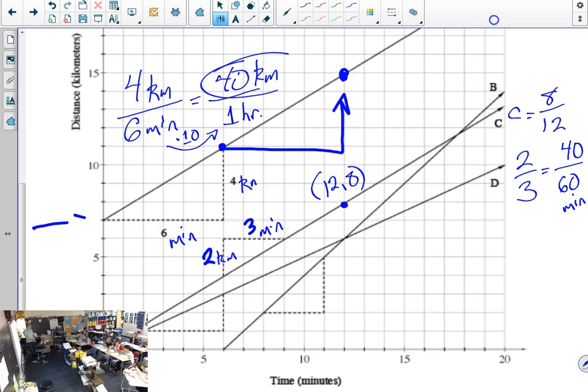My method of solving it basically works for this graph, but it's not going to work for everyone. It's not a good method.